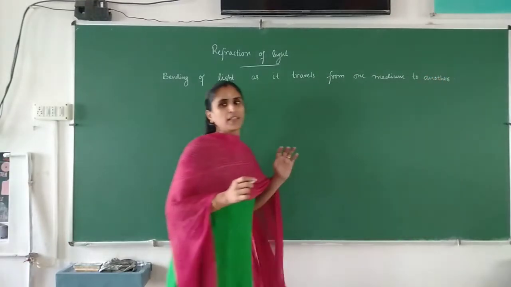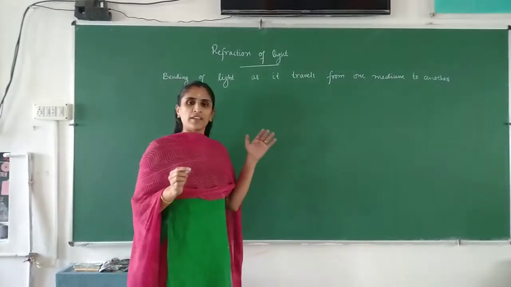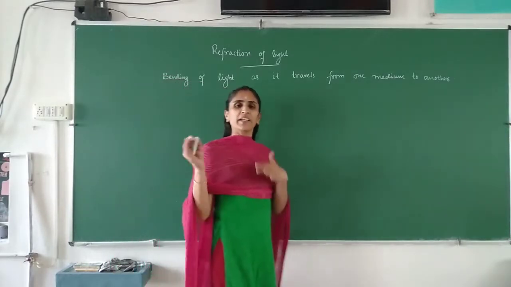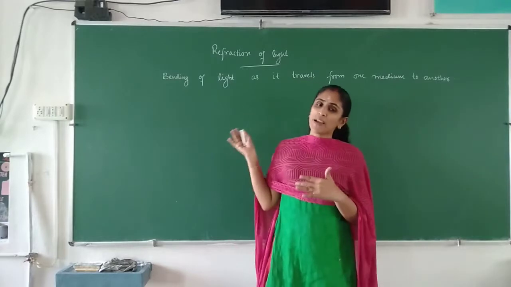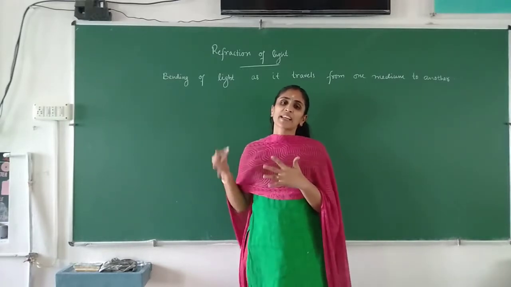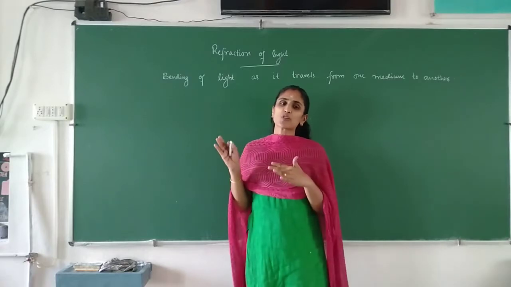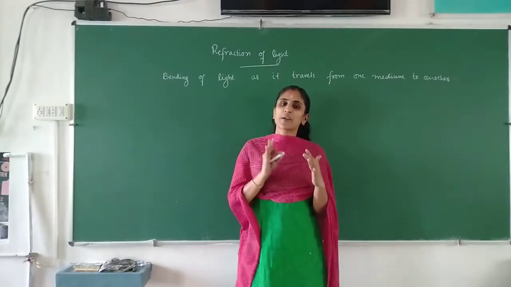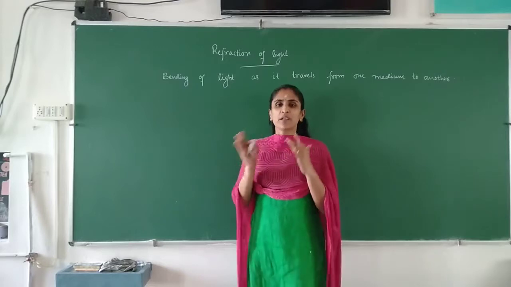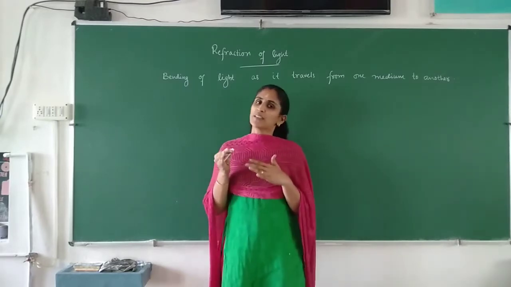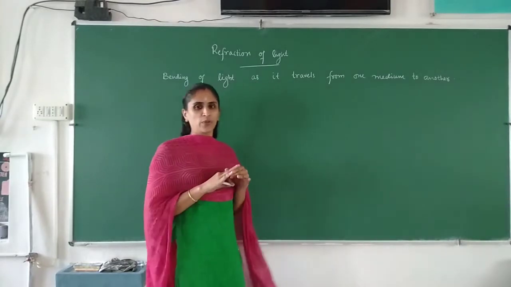So, whenever light travels from one medium to another, it bends. Why is it bending? Because in each medium, the speed of light is different, because of which, as it travels from one medium to another medium, it will bend. Even though it bends, after it bends, it will travel in a straight line.